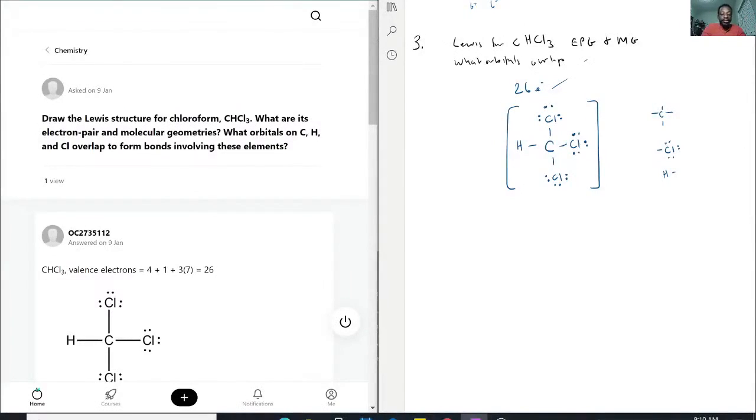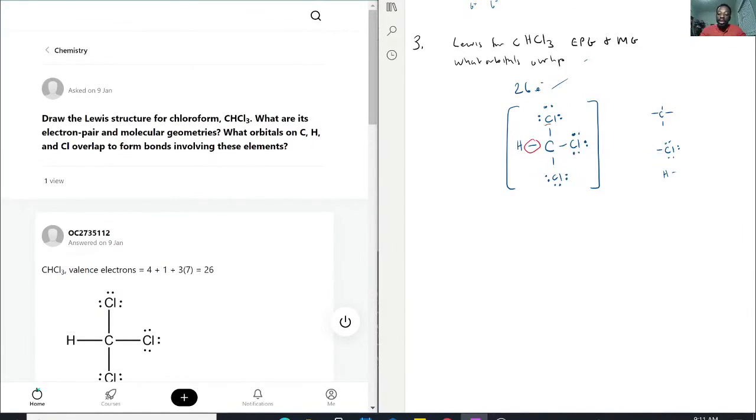Okay, so now it's asking for the electron pair and molecular geometries. Once again, let's look at the pairs it has, and how many of those are bonding pairs and how many are lone pairs. Before we continue, this is all in reference to the central atom.